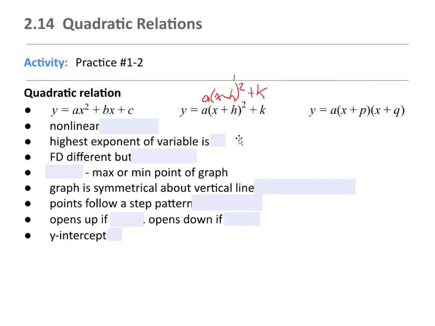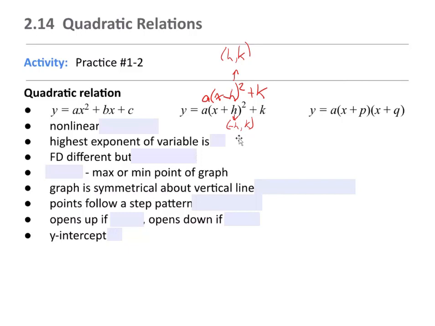So your vertex for the top is actually just h and k. But if you use the bottom formula, your vertex is minus h and k. And oftentimes I've found in university and later courses, teachers tend to use the top equation more than the bottom one. So I would highly recommend using the top equation there.